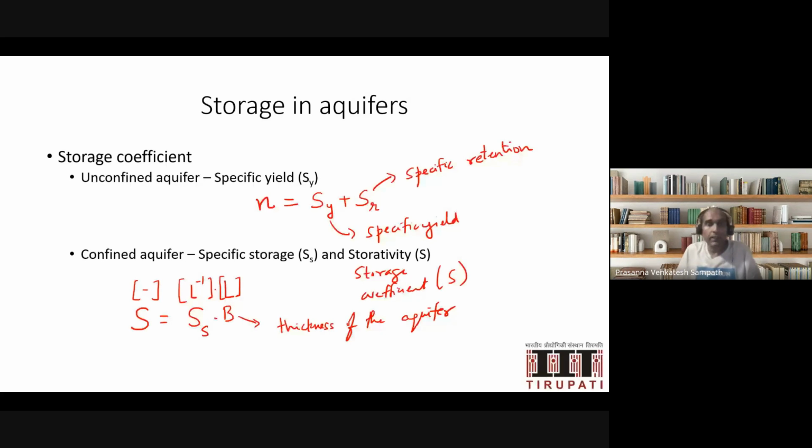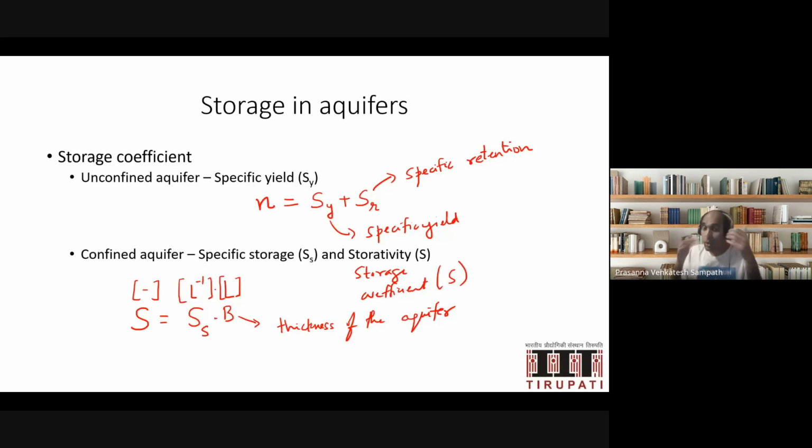Okay. So that is exactly the analogy that I want you to use for this unconfined aquifer. I take a sample of soil from an unconfined aquifer. I take it out of the aquifer and I keep it on a table. Some water will drain out of it over a few minutes, 10 minutes, half an hour, 1 hour, whatever it is. That water that drains out of the aquifer by gravity is the specific yield.